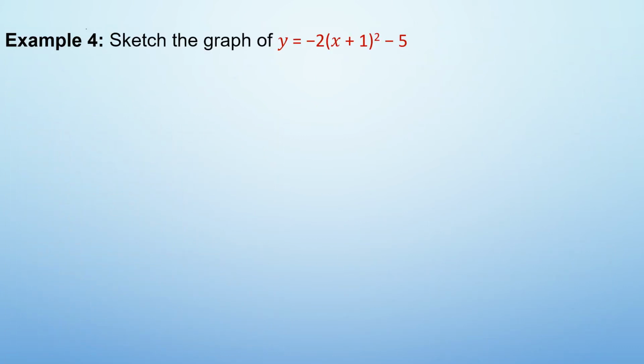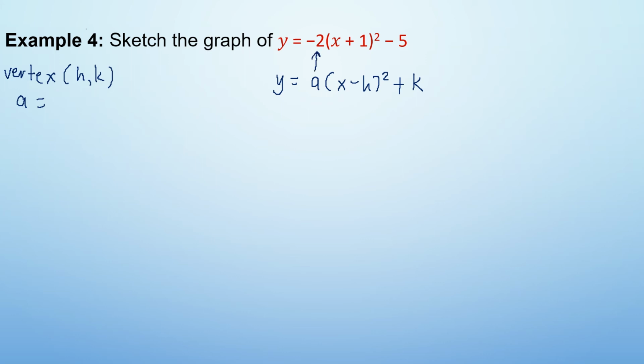Let's have another example. Sketch the graph of y is equal to -2 times quantity x plus 1 raised to the second power minus 5. As you can see, the quadratic function is written in the form y is equal to a times quantity x minus h raised to the second power plus k. So with this, we can easily identify the vertex of the parabola, which is at point (h, k), and the value of a.